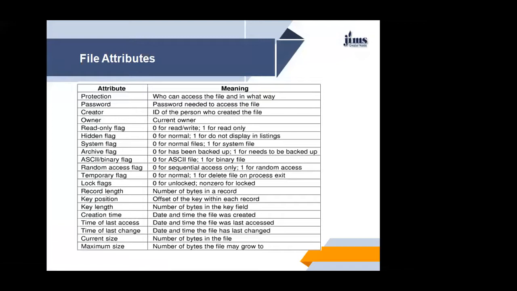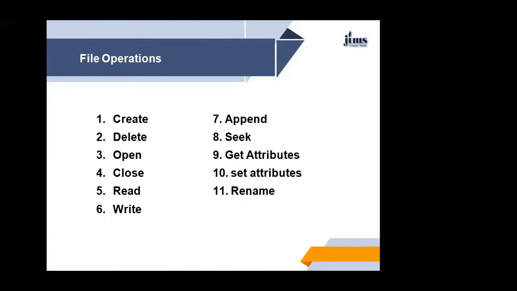Like this, temporary flag, lock flags, record length, key position, key length, creation time, time of last access, time of last change: when you last accessed this file, when you last changed or modified the file, the current size of the file, and the maximum size of the file. So these are the file attributes which the system has.